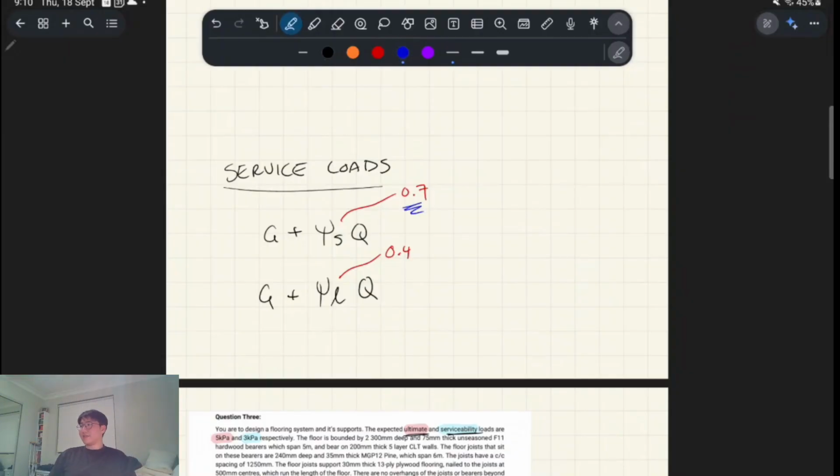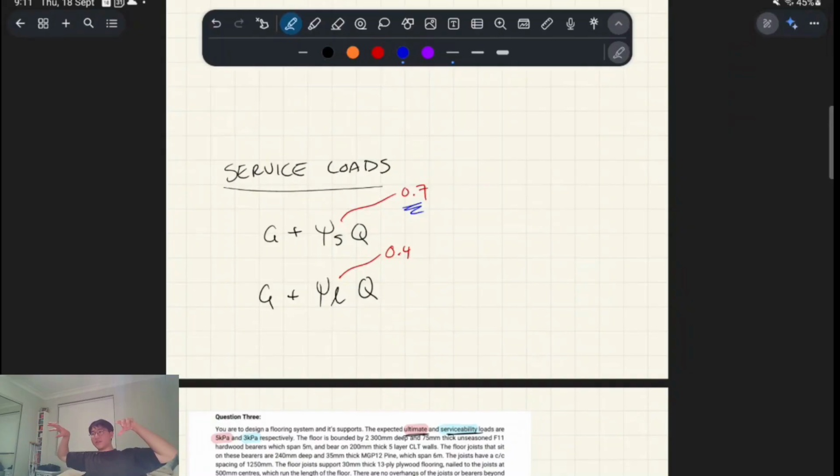An example of this is the loading on a classroom floor in a uni. In the short term, say the term's just started, it's like a week or whatever, and there are lots of people walking around. So the majority of the floor is going to be loaded with people, let's just say. So in the short term, it's 0.7.